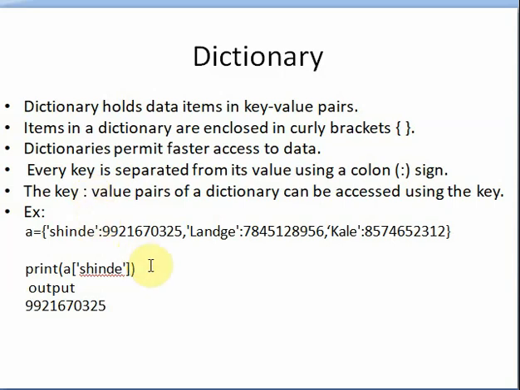See, we can store the roll number and the name of the student having that roll number. This is a good example where you can store data, means key value pairs, in a dictionary. So see how we will use the dictionary.